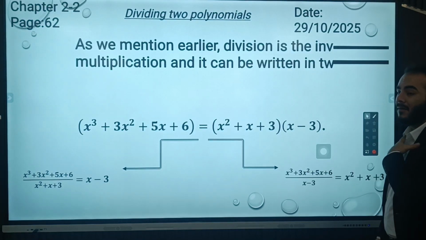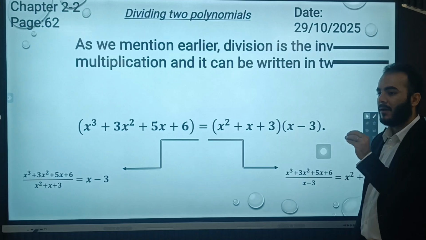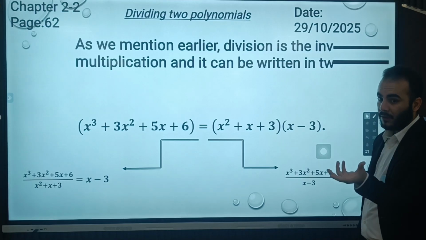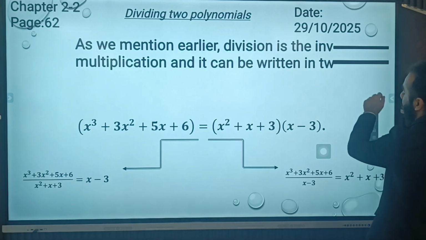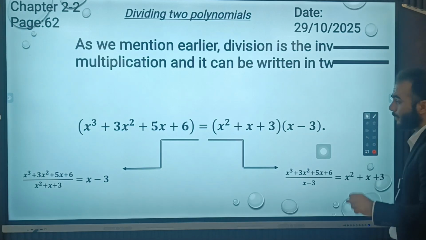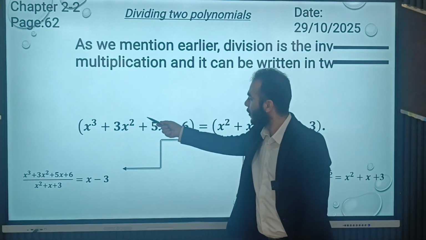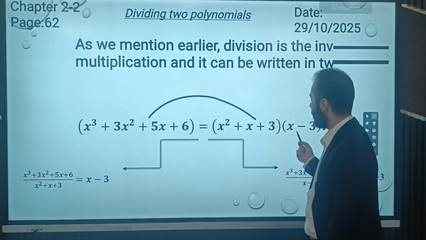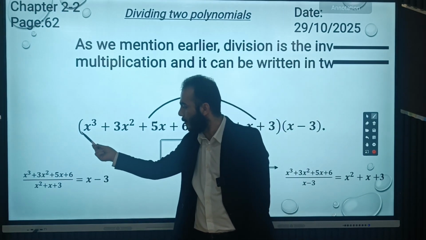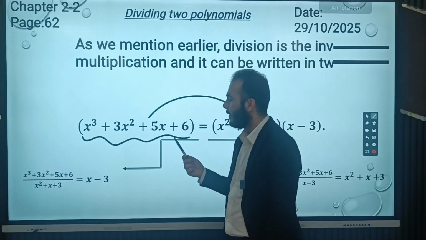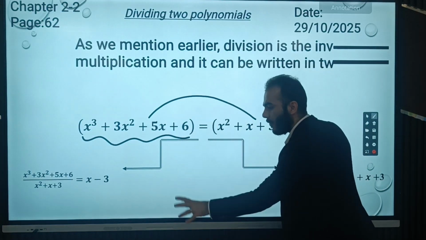What I mean is, when we divide a polynomial by another polynomial, it can be written in two ways. When you divide that polynomial by this one, the result would be x minus 3, as you can see here. The polynomial, the first one from the left side, divided by any of them would give you the other one.